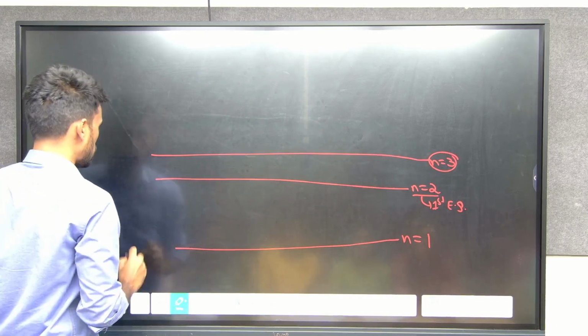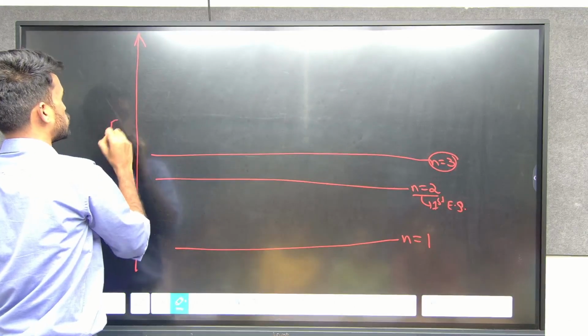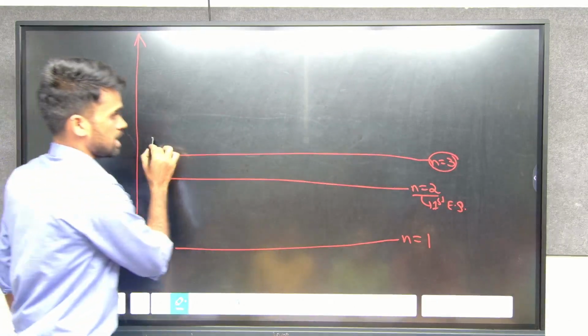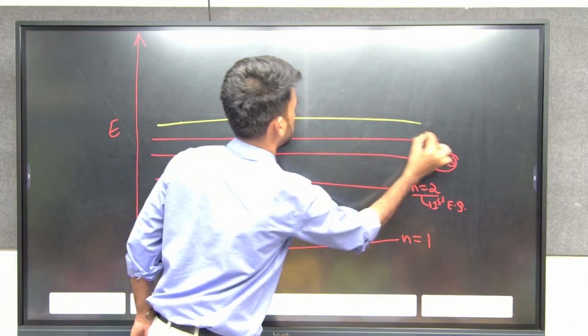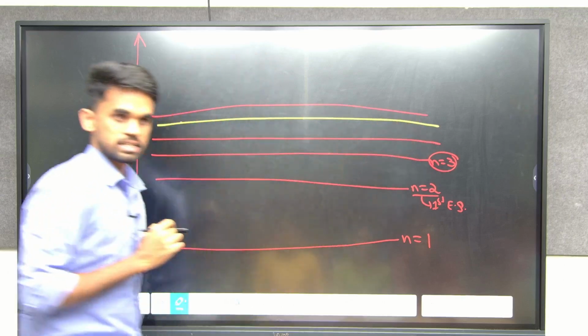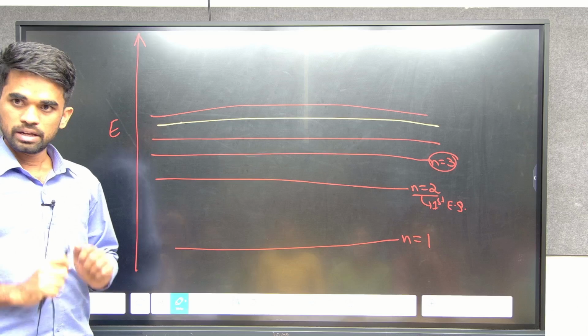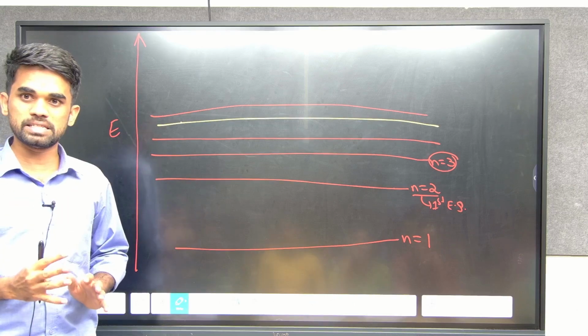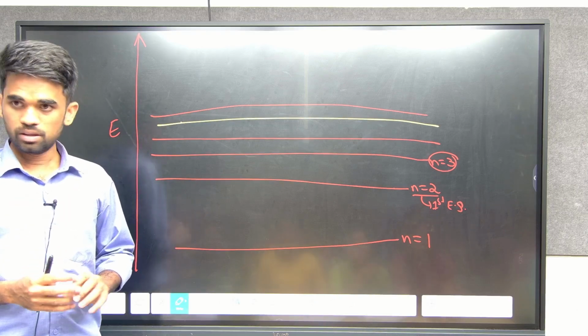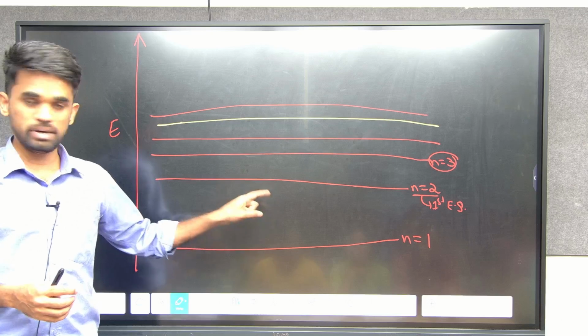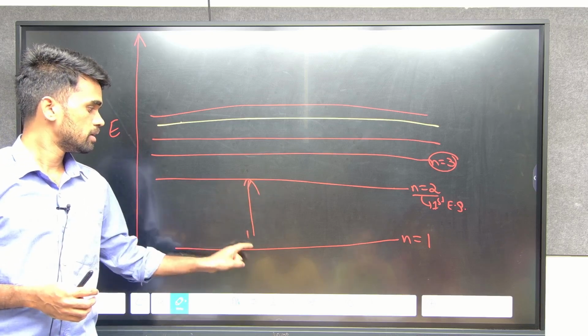But what I told you, as we go upside, energy increases. As n value increases, energy also increases. This story we discussed. Now, but energy gap, what I told you? Decreases. So maximum energy gap present between these two.